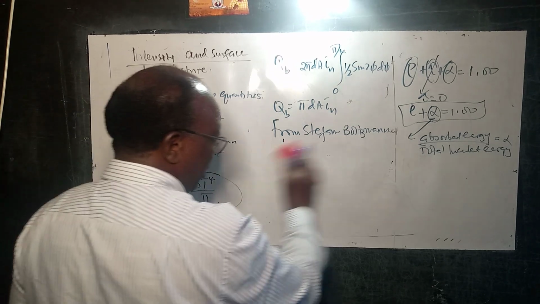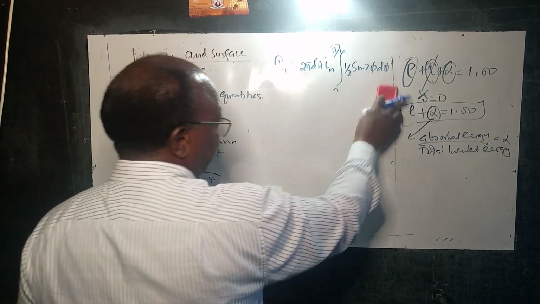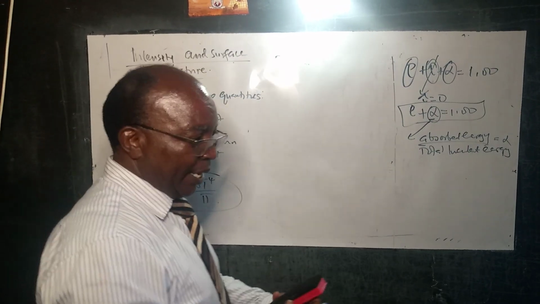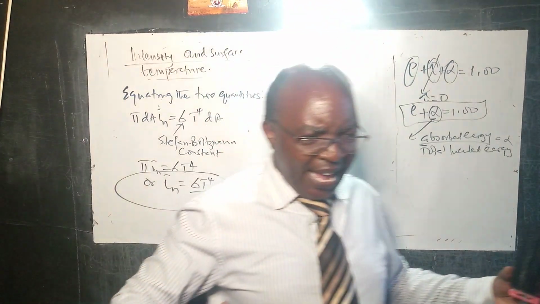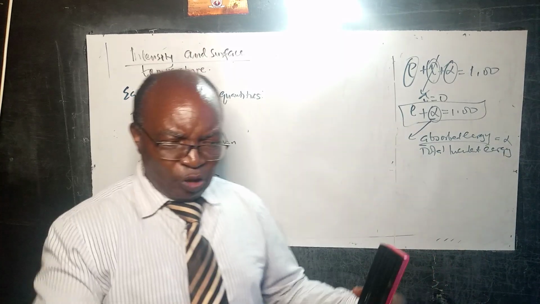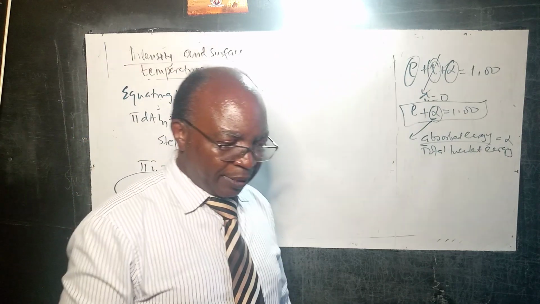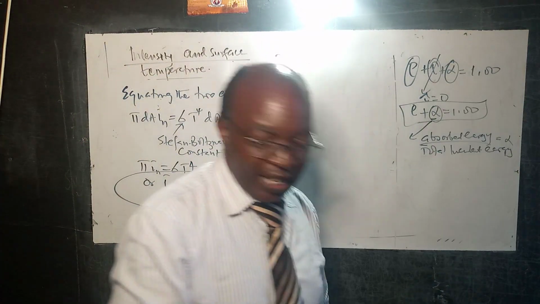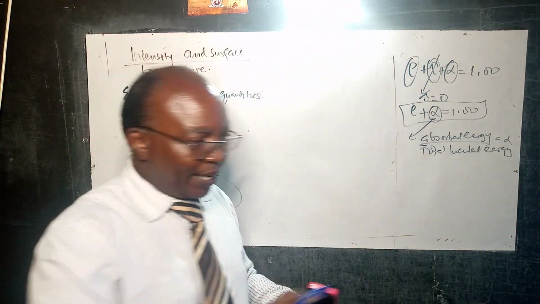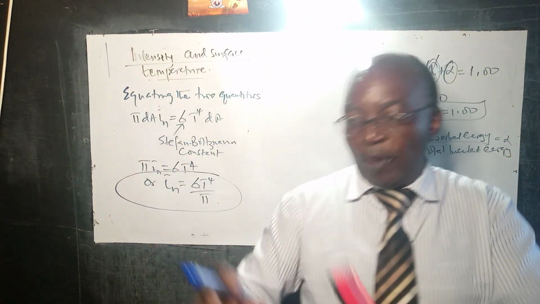Now, when we have these emissions, they are electromagnetic waves. And like we mentioned, there were two fundamental concepts we talked about: that the intensities are not the same in all directions, and that the electromagnetic waves which are emitted are of different wavelengths.